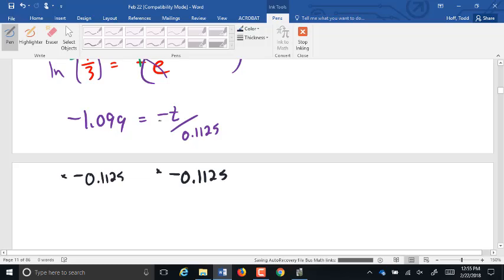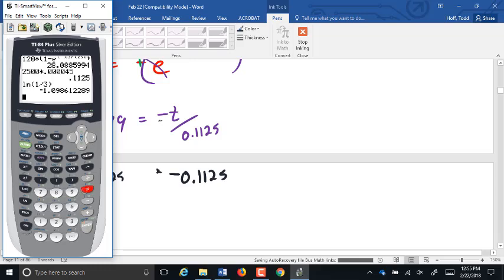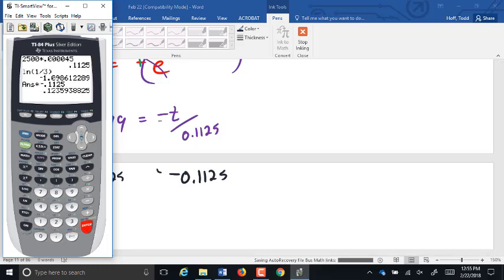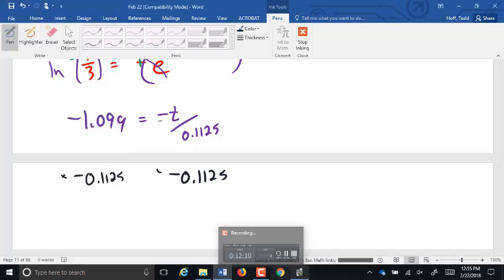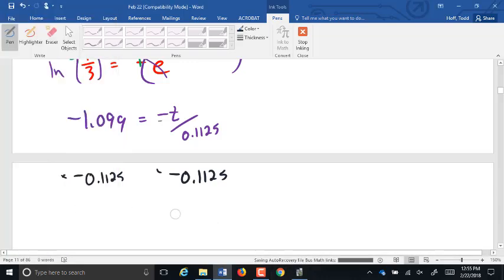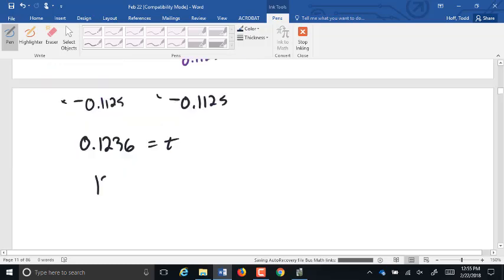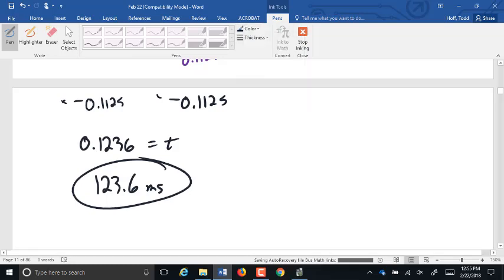That gets rid of the negative here and multiplies by the 0.1125 at the same time. So times negative 0.1125, we get 0.1236 equals t. What that means is that it is at 123.6 milliseconds that it reaches 80 volts. What do you think? Good stuff?